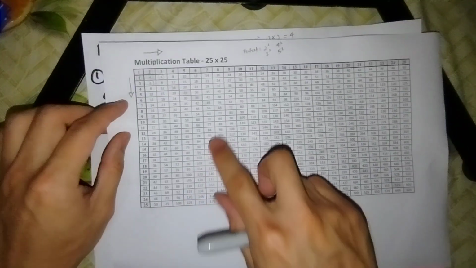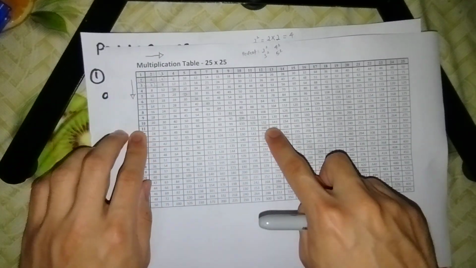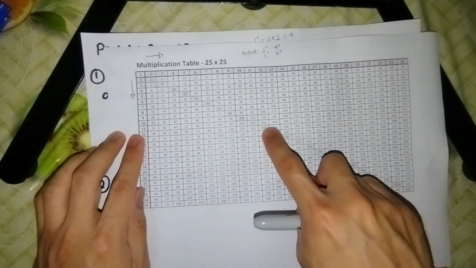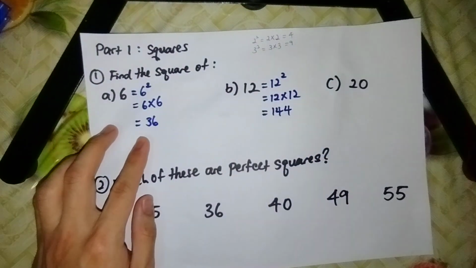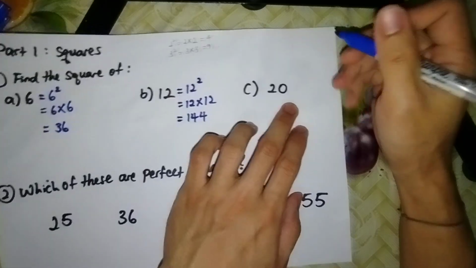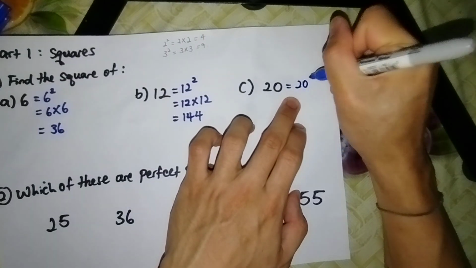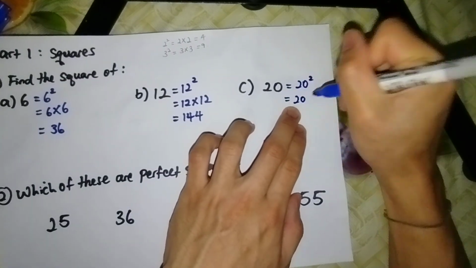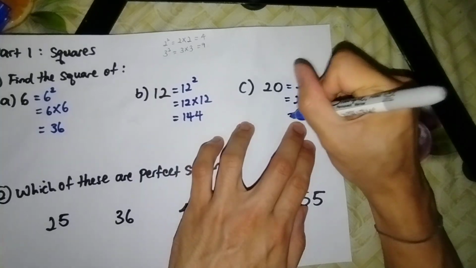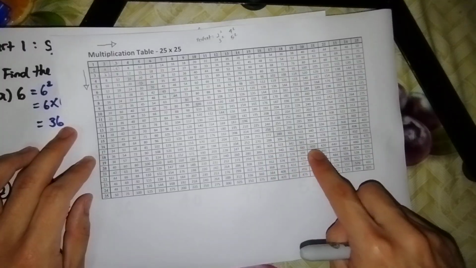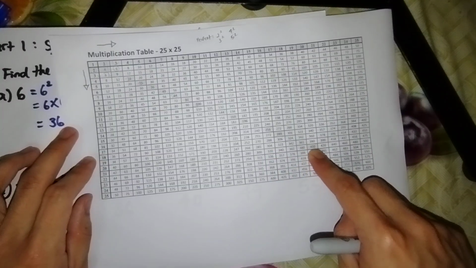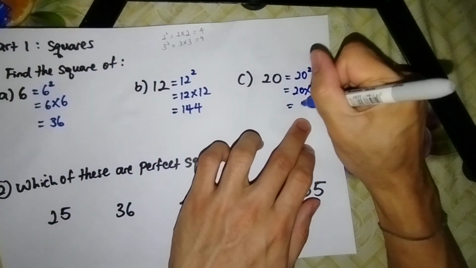If you look at the table, 12 times 12 is 144. The third part here is 20 squared, which is equal to 20 times 20. If you look at the table, 20 times 20 is 400.